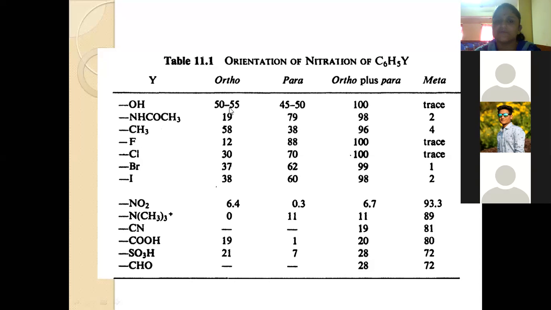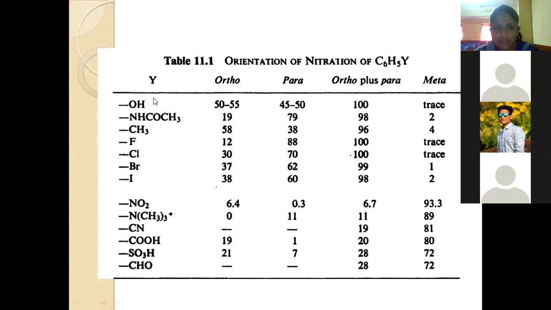Approximately 50 to 55% will act at ortho and 40 to 50% at para, but 100% it will be acting at both positions, ortho as well as para. So this hydroxyl group will occupy the ortho as well as the para position, but it is not going to occupy the meta position. The amide functionality will act very little at the ortho position, but more at the para position. And if we compare the substitution on both ortho and para, it is 28%. Similarly for all of these.